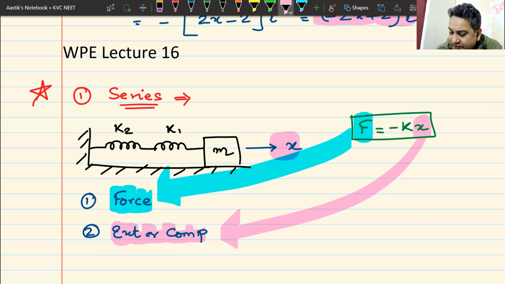What I mean to say is, if I displace this block by x, do springs K1 and K2 both extend by x and x? Is that so? What is your thought? Do both the springs get extended by the same amount? What do you think?